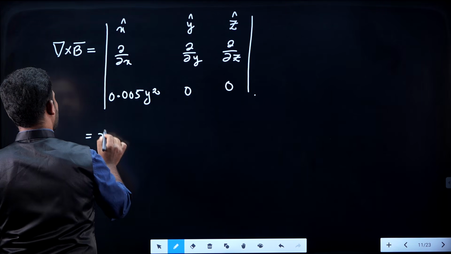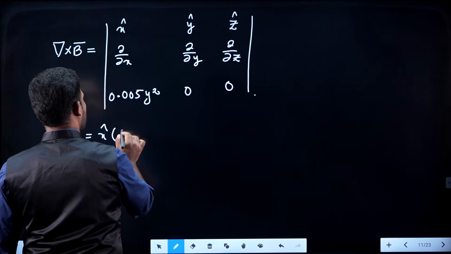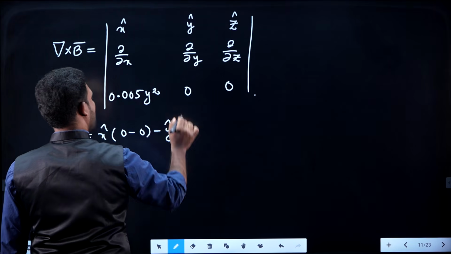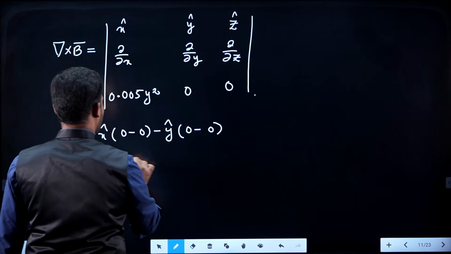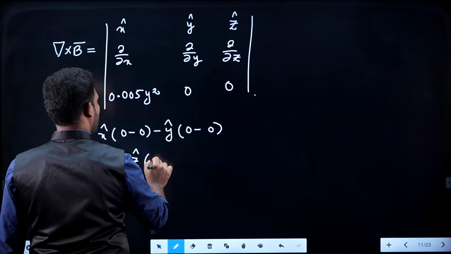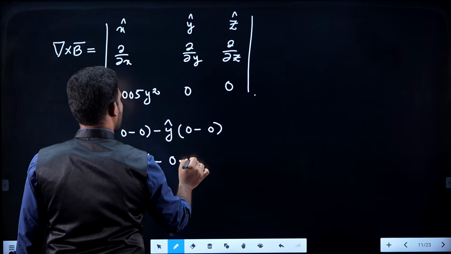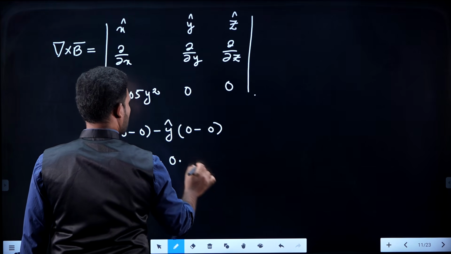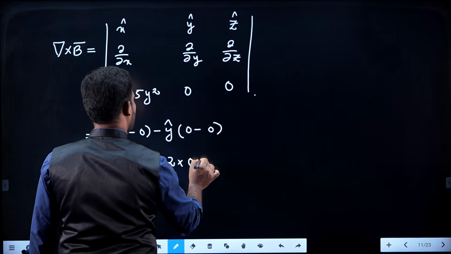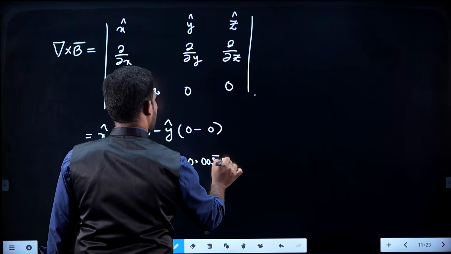So, it is x cap into this minus this into 0 minus 0, minus y cap into this minus this into 0 minus 0, z cap into this minus 0.2 into 0.005 y.